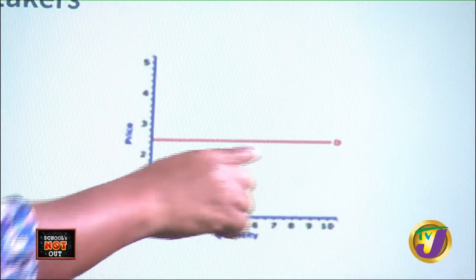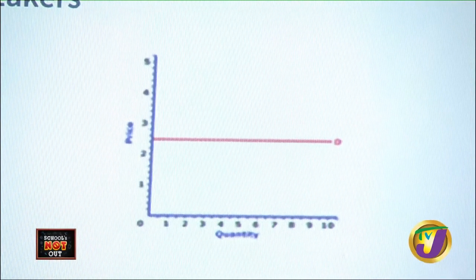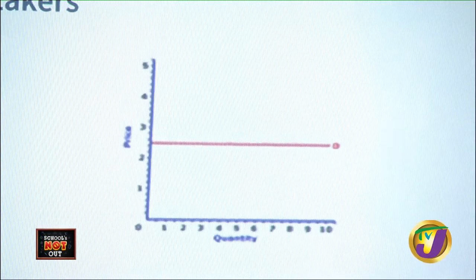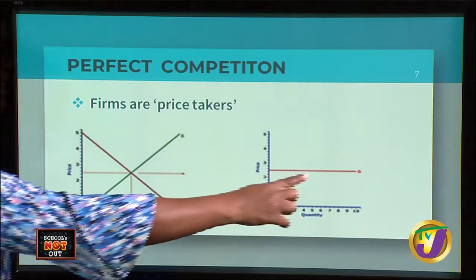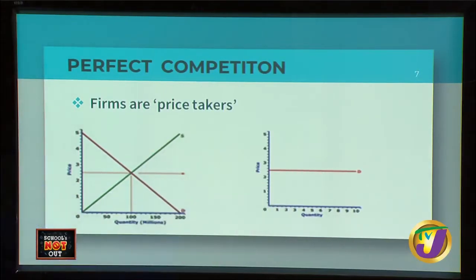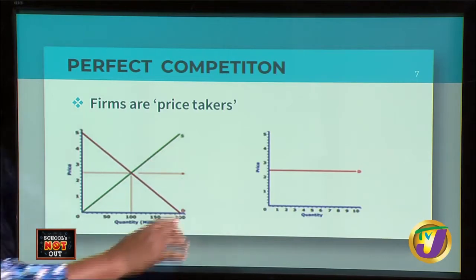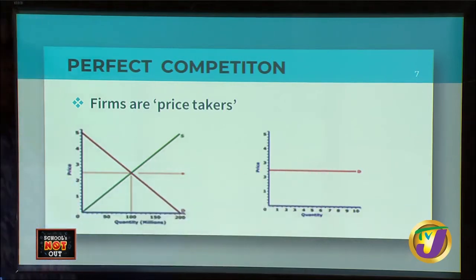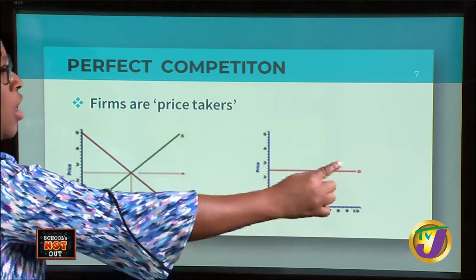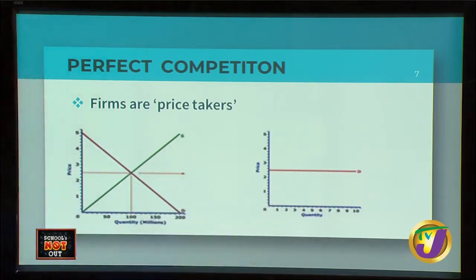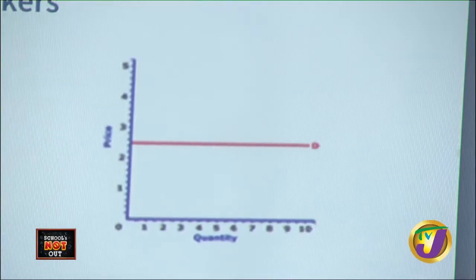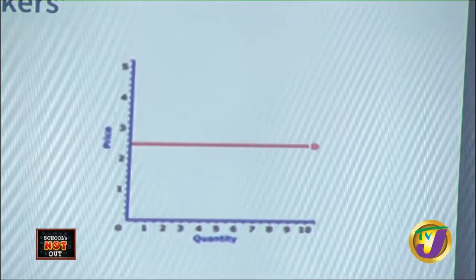Please note, ladies and gentlemen, that the demand curve for the perfectly competitive firm is perfectly elastic. And last week when we looked at elasticity, we said that for a perfectly elastic demand curve, you can sell any amount of the product at that price, but you cannot raise the price. Hence, back to our previous characteristic of perfect knowledge.